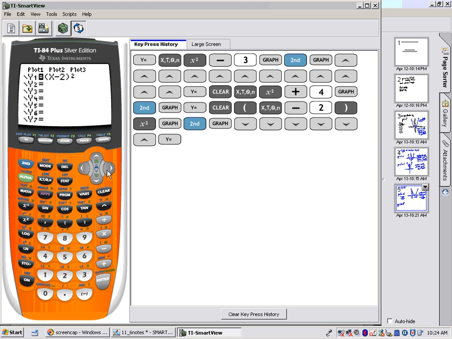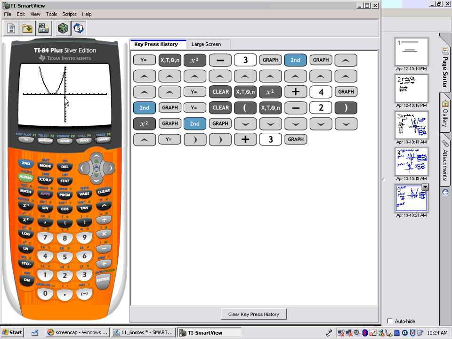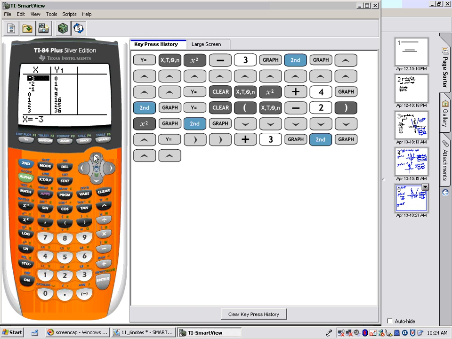If we look at that and change this to plus 3 and then graph it, now we see that the vertex has shifted to the left 3 units. And again, if we look at the table and go to negative 3, do you see now it's negative 3, 0, and then the y values you've seen before for that initial basic graph that we started talking about.